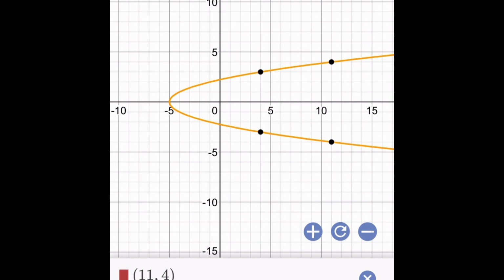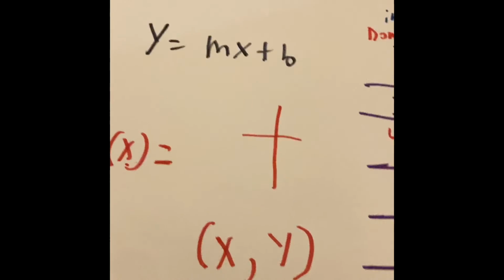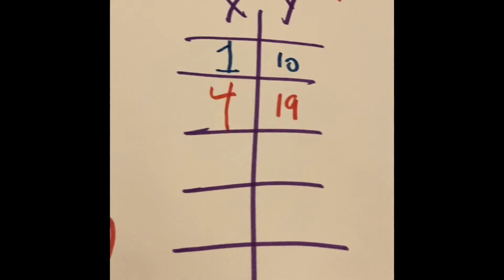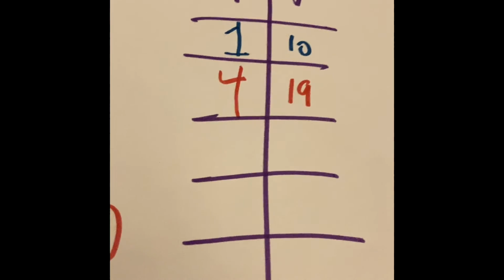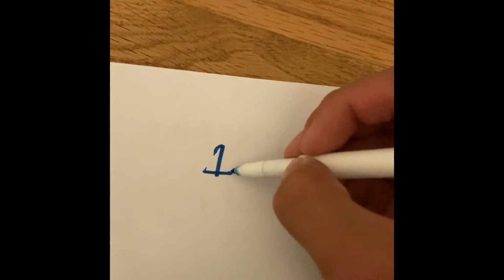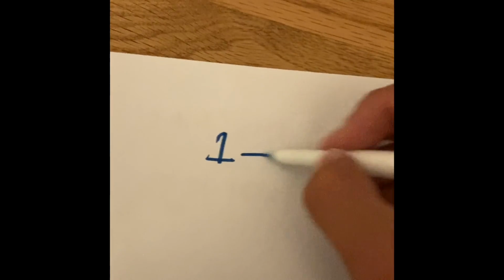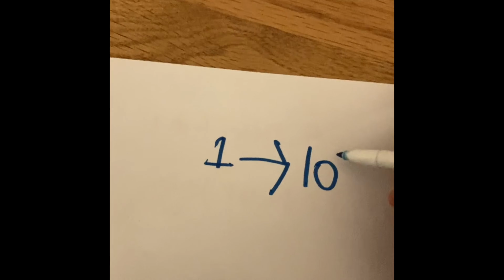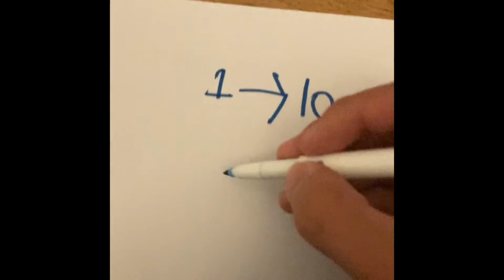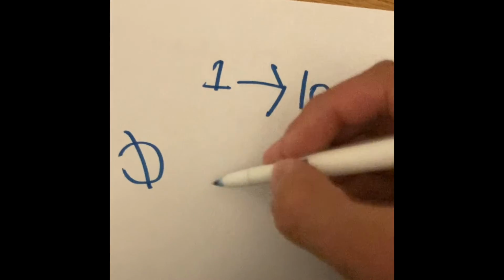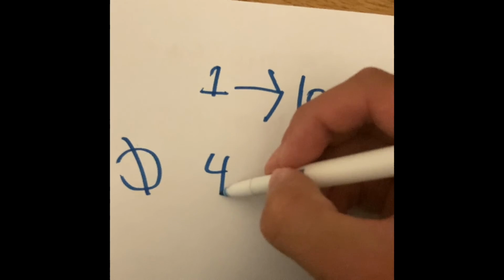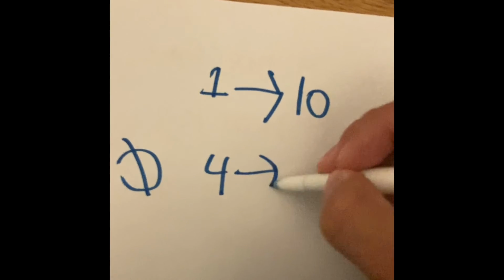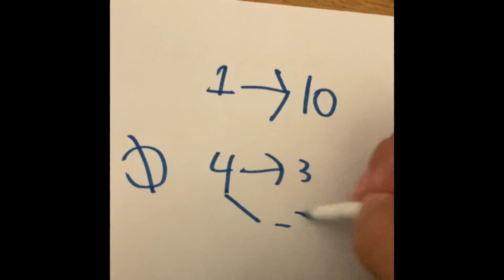In the previous video, when we were doing our y equals mx plus b example, this can result in a function because when you insert 1 in for x, you got only one answer for y, which was 10. But this is not a function because how can 4 bring you to 3 and negative 3?